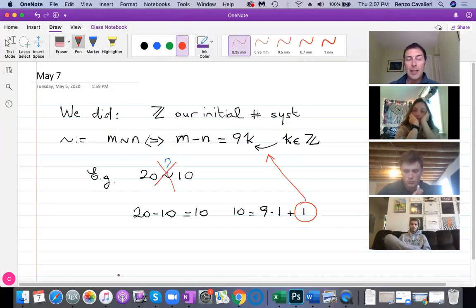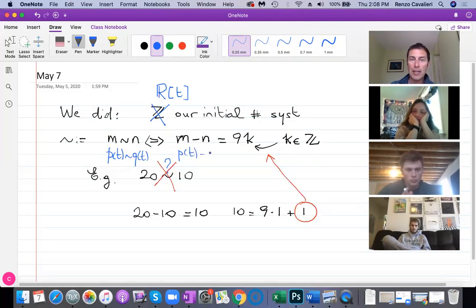Okay? Now, how are we changing our situation? We're replacing the integers with polynomials. But the condition is the same: P of t is equivalent to Q of t if and only if their difference, P of t minus Q of t, is divisible as a polynomial by this polynomial that I chose, t squared plus 1.